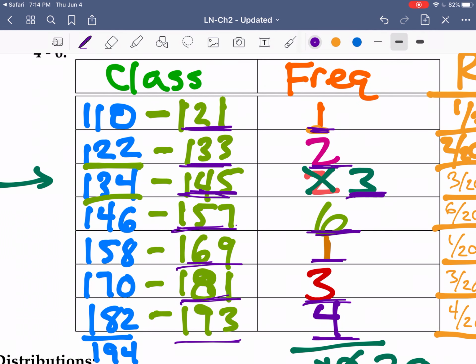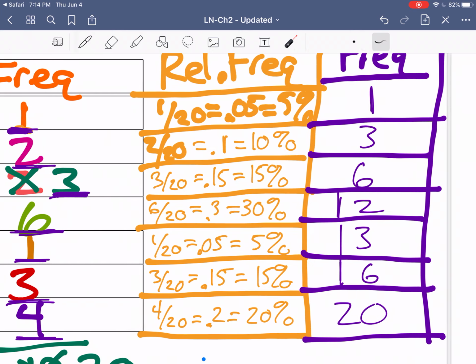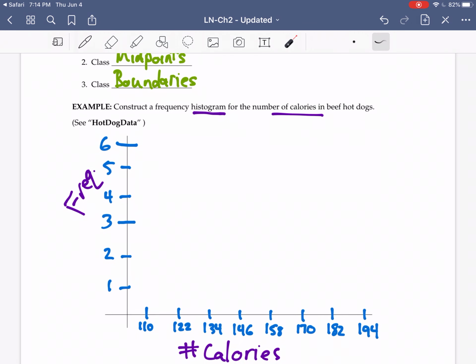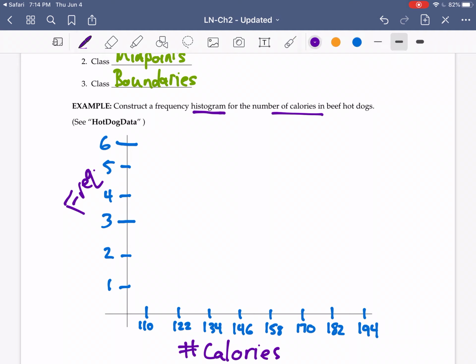And so from 110 through 121, that frequency is 1. And so from 110, we're going to have a frequency of 1.